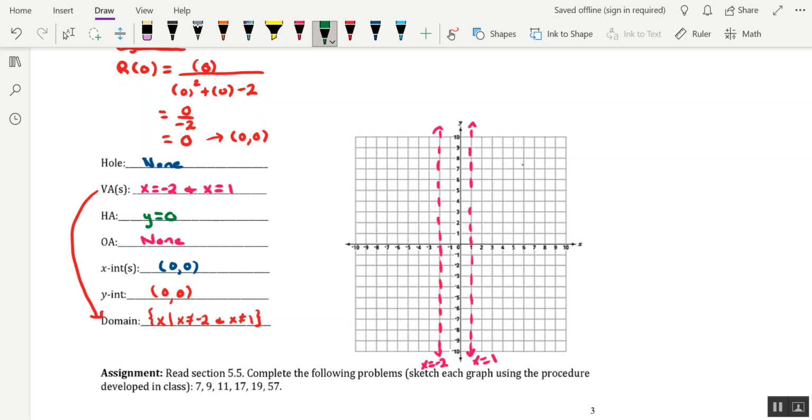The horizontal asymptote is something we can put in, and it's the x-axis in this case. So I'm going to draw a horizontal dashed line going along the x-axis and write out its equation, which is y = 0. And then we have both an x and y intercept at 0, 0.